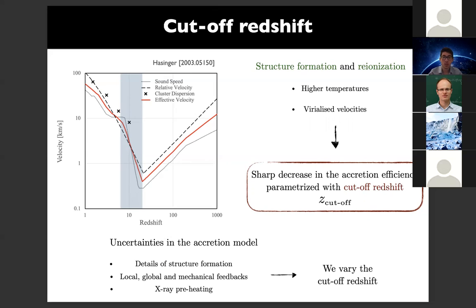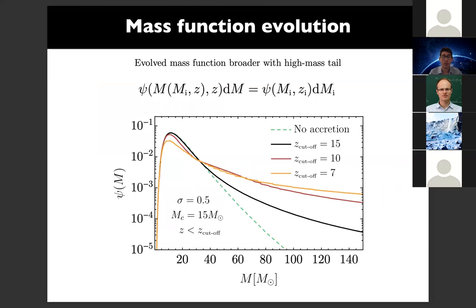So the first consequence is, of course, on the mass function, which evolves as accretion takes place. In this plot, you can see on the vertical axis the mass function in terms of the mass, and the green curve basically is the one at formation, by fixing the central scale of the mass function and the initial width.